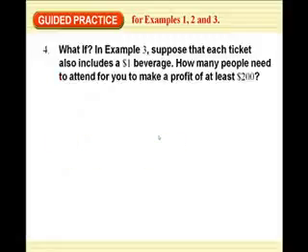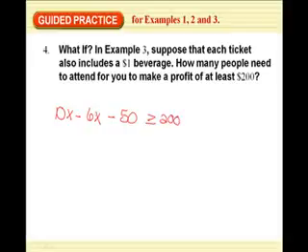What if each ticket also included a $1 beverage? How many people need to go? So it still costs $10 to go, minus $5 for the shoe plus $1 for the beverage, so it's going to cost you $6 per person, minus your $50 door prize. It's got to be greater than or equal to 200.